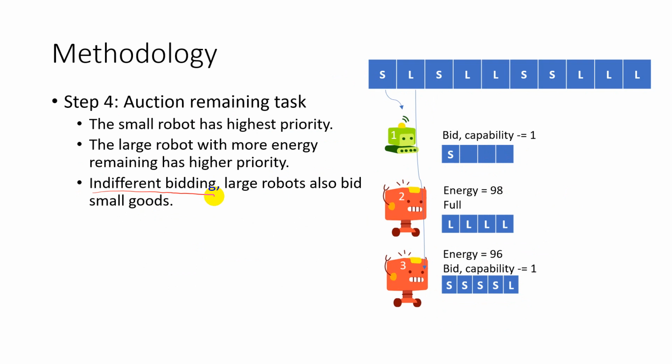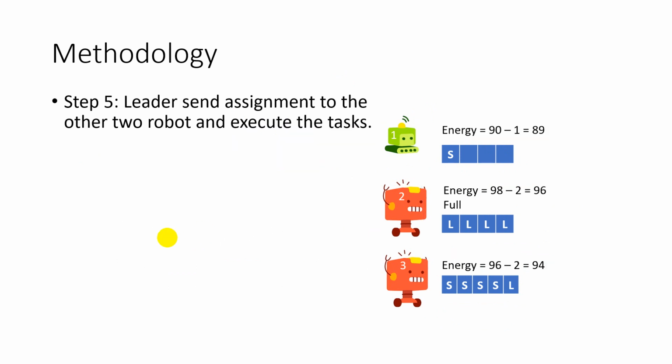Again, the small robots have the highest priority, and the large robots with more energy have a higher priority. After that, the leader will send the simulation result, which is the assignment, to the other two robots and execute the task. Each execution for a small robot consumes 1 unit of energy, and for a large robot consumes 2 units of energy.